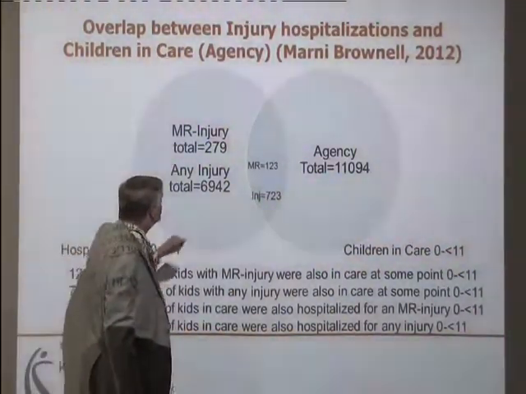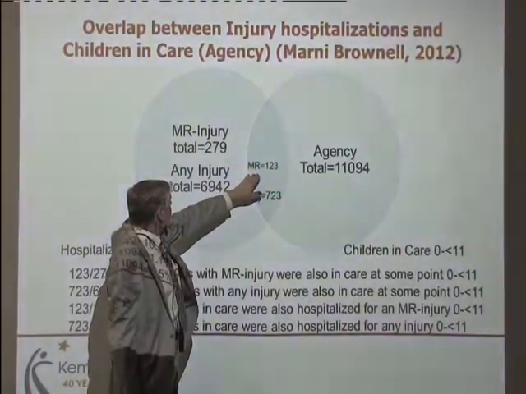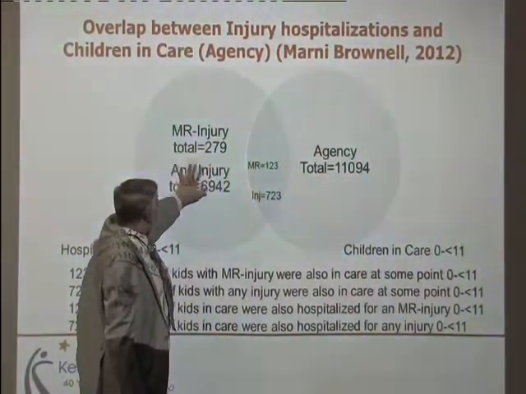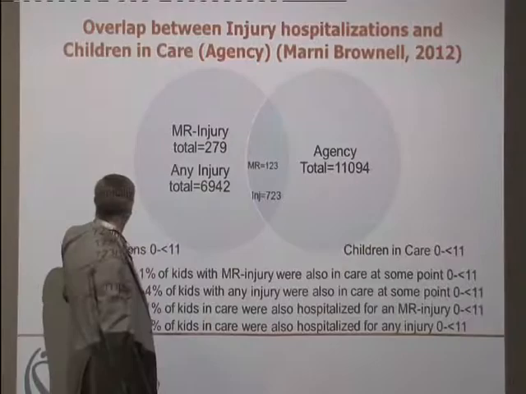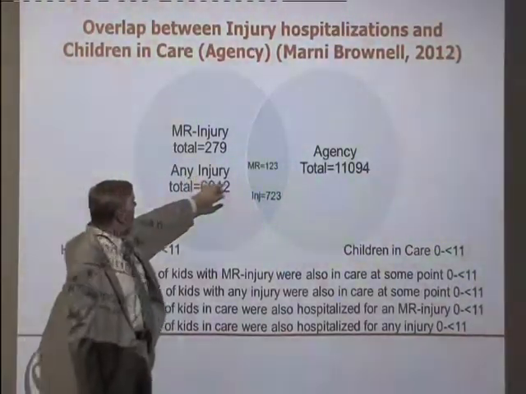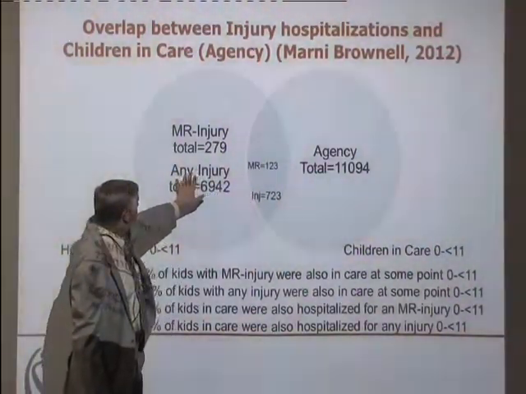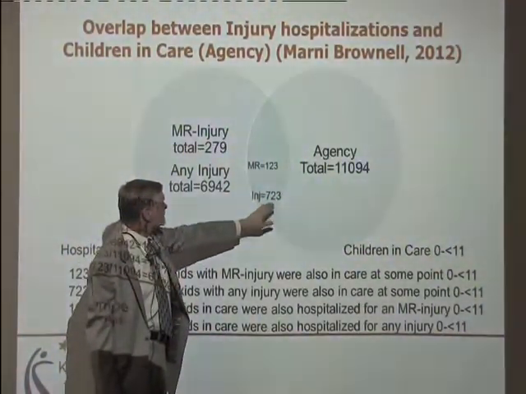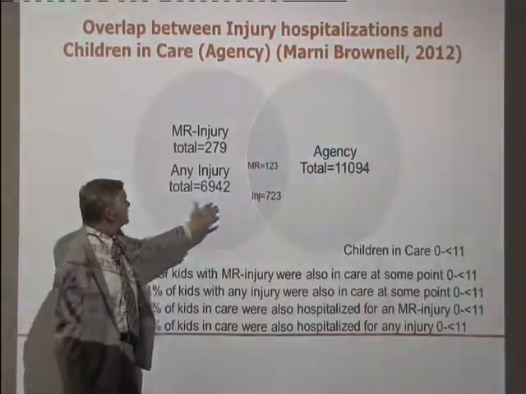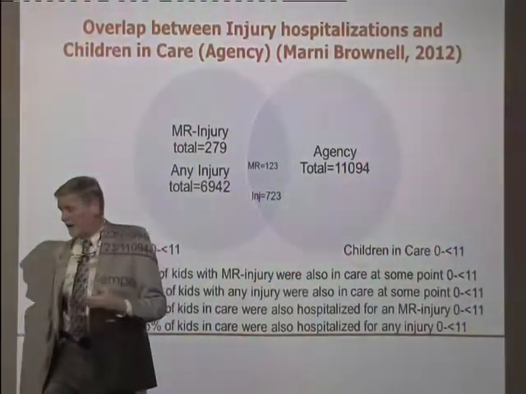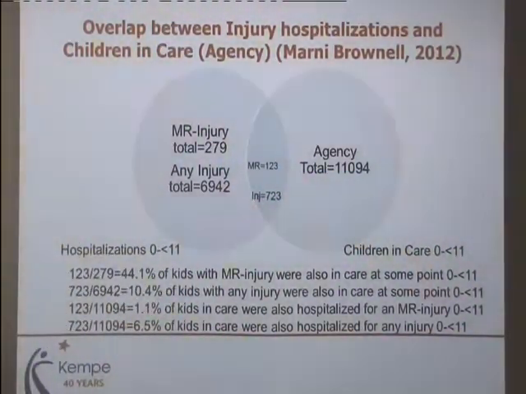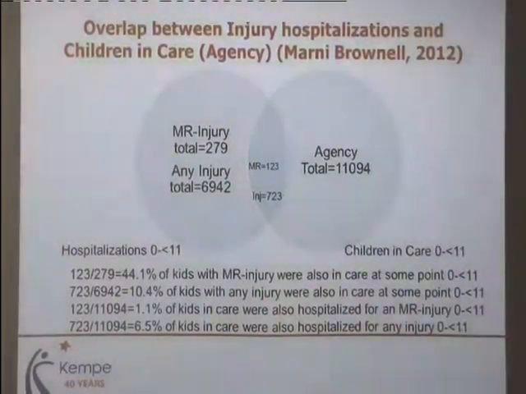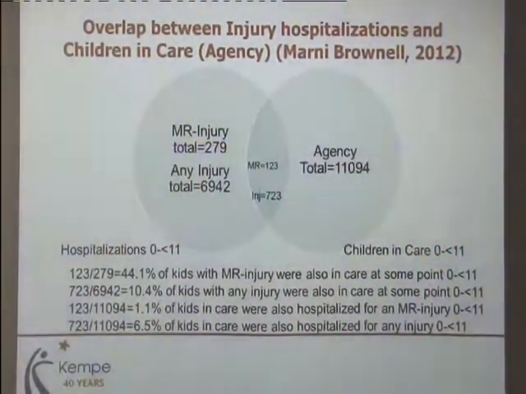So of the maltreatment-related injuries that are known to the hospital systems, 123 of those are known, but the agency knows of 723 cases where there's also an injury that's known, even though the hospital hasn't necessarily identified a maltreatment-related injury.